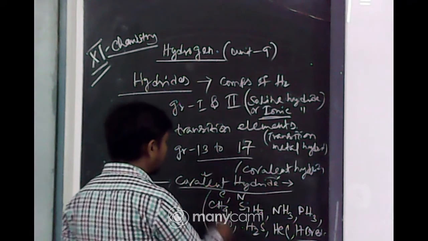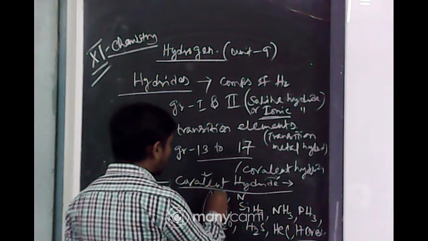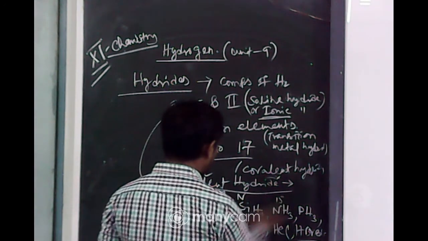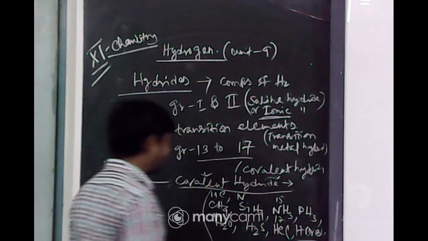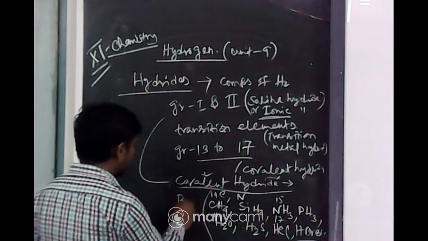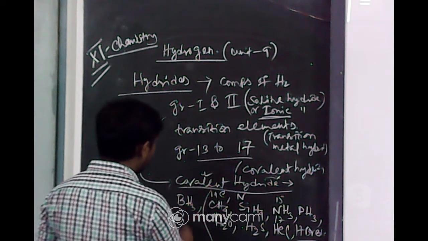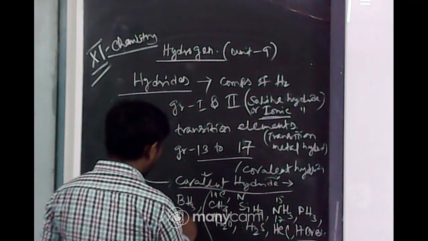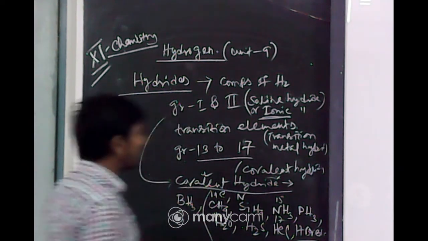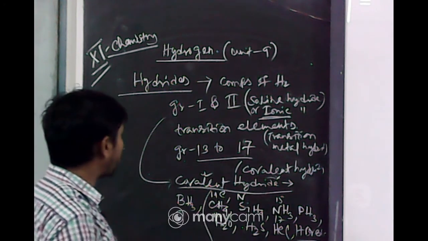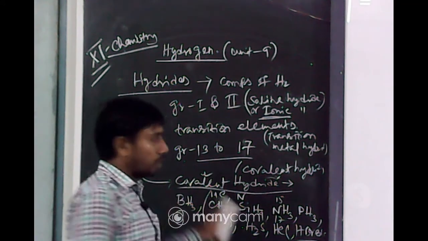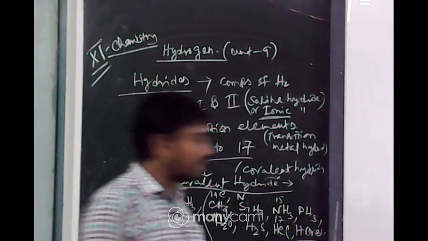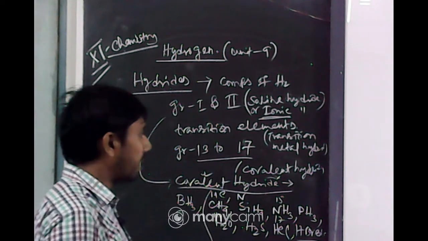So CH4, that is group 14, 15, group 16 and also group 17. Also BH3 is there, group 13, B2H6, these are also examples of covalent hydride. Now I hope you have gained the common knowledge about the hydrides.